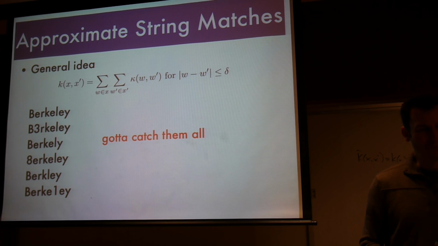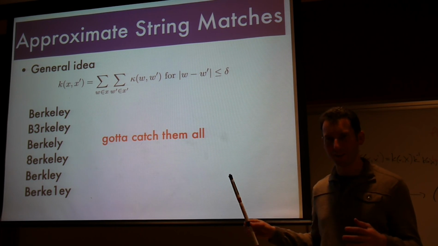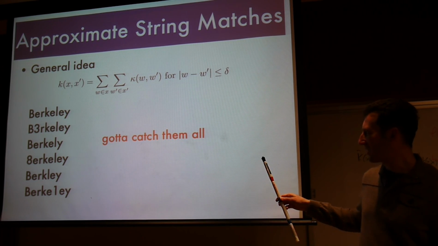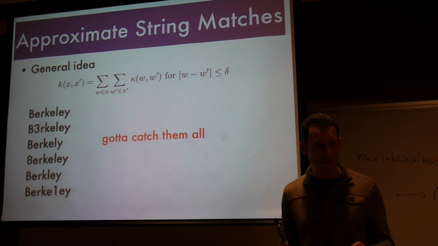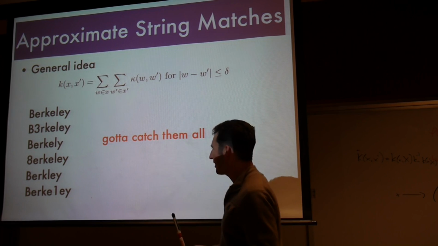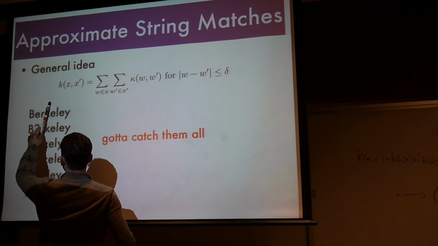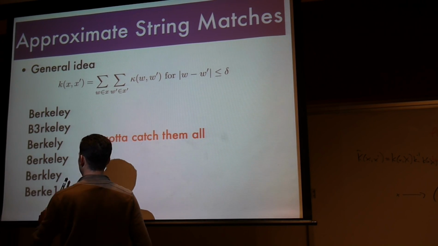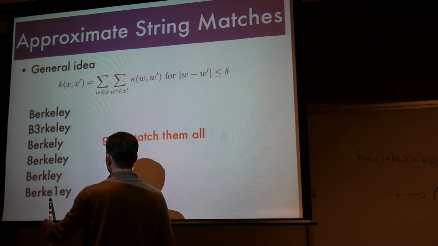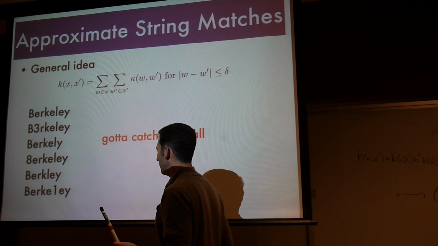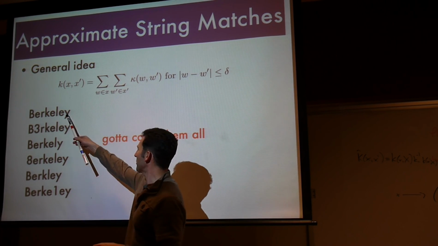And rather than Berkeley, you can insert the word Viagra, and you can immediately also see all sorts of variations. And you've probably seen them all in the email. So you want to really have a feature map in your similarity measure that really catches all of these guys. And all of those are obviously different from the original word.